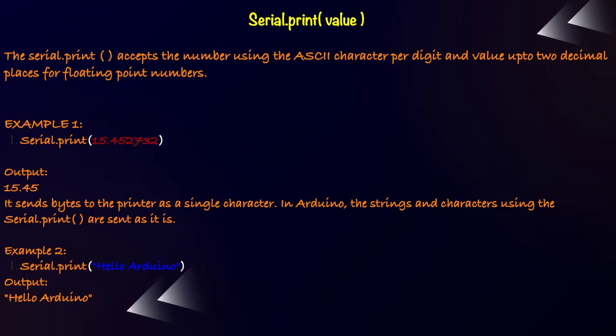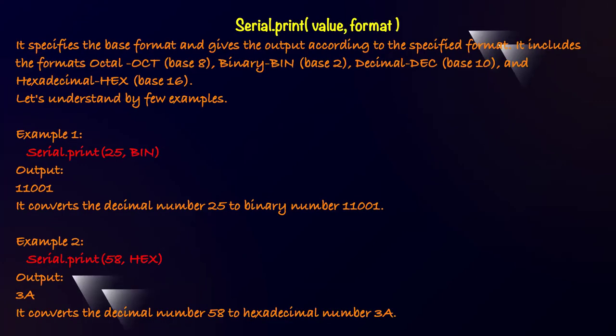When we are giving characters like strings, it is basically printing as it is, right? But when we are giving decimals or float, after the decimal point only 2 digits will be printed. Okay, that is the difference between them.